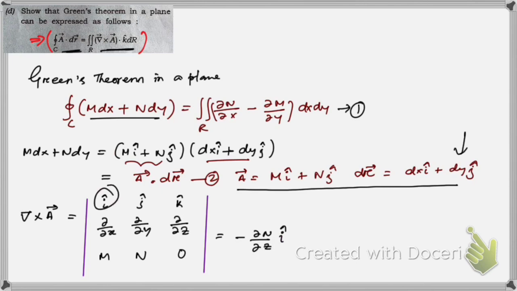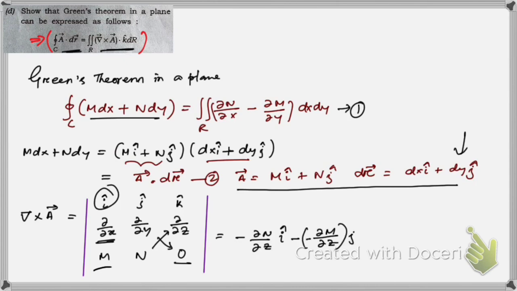So for i cap, this one should be taken, that's going to be 0 minus del N by del z, the partial derivative of N with respect to z. Then minus j cap: for j cap we have to take this one and this one, that's going to be 0 minus del M by del z, right.